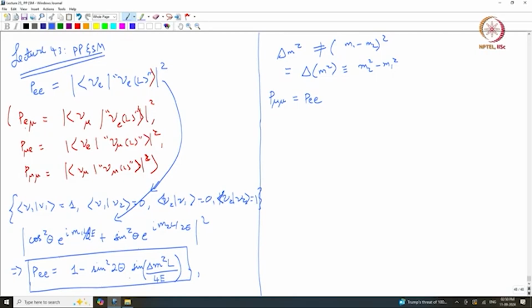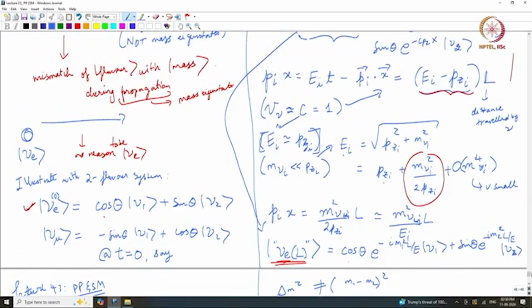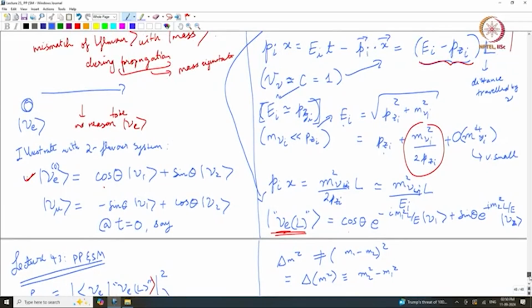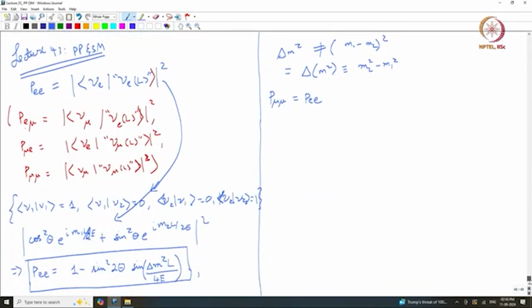There is a symmetry about this. There is nothing here that really says it is only the EE that you are picking up here. So the theta is the same over here, delta m squared is the same, none of this depends on the exact flavor that we are looking at here. We just look for, if you start with the flavor, what is the probability you get back the same flavor.